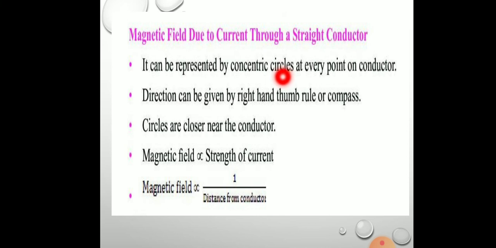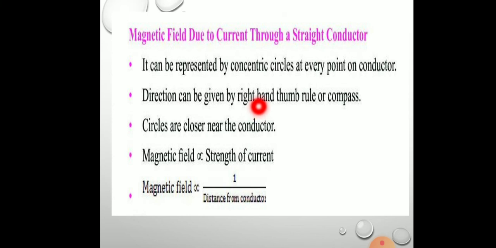And what about the direction? The direction of the magnetic field is given by the right hand thumb rule, which is also called the clasp rule.